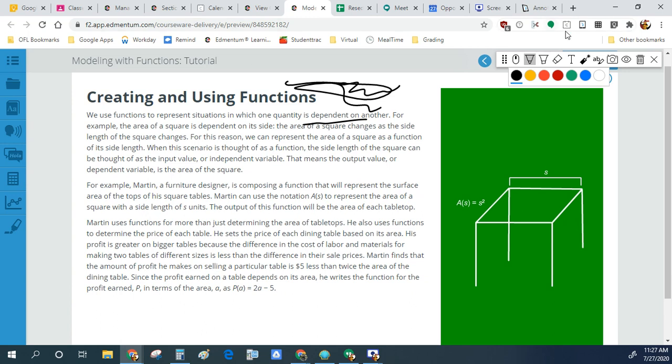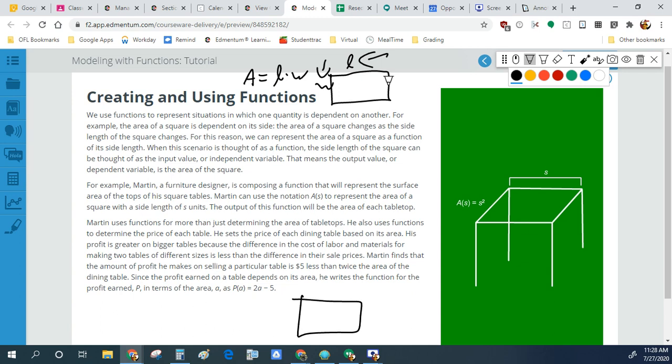Cool. Awesome. Thanks. So when it's talking about this, let's say we're trying to find a formula for something. Normally we know everything's length times width, right? So we know area is normally length times width. But let's say we didn't have the exact values for L and W. And instead we had something like the width.